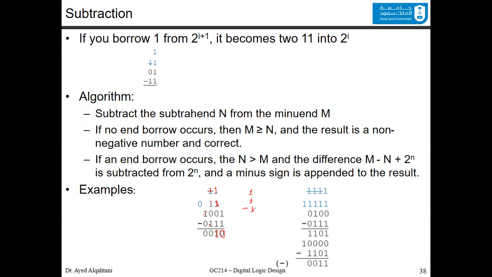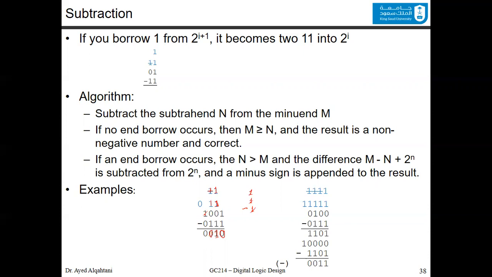Now going to the next digit, we already did the borrowing at the previous stage. So we are left with this 1 and 0, and we want to subtract it from 1. If we do the subtraction, it becomes 0. This is the result, because 1 minus 1 is 0.